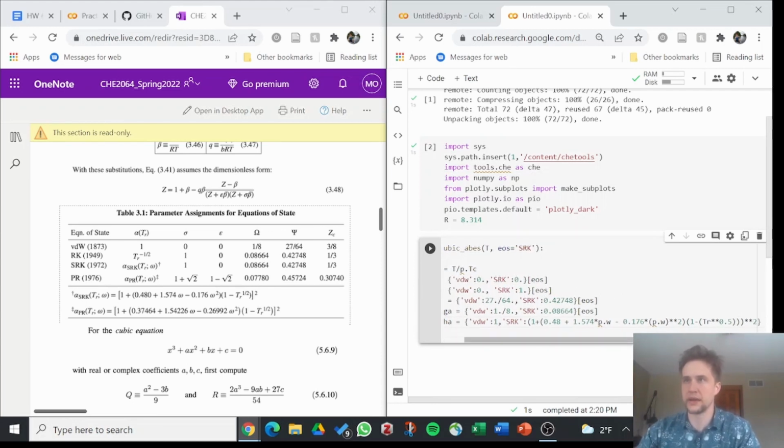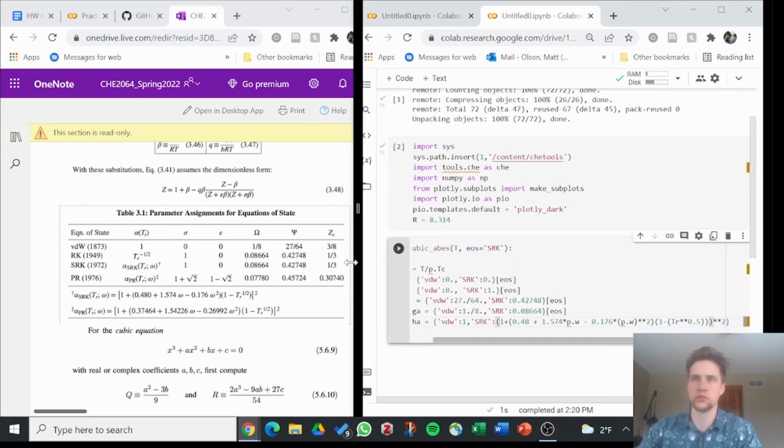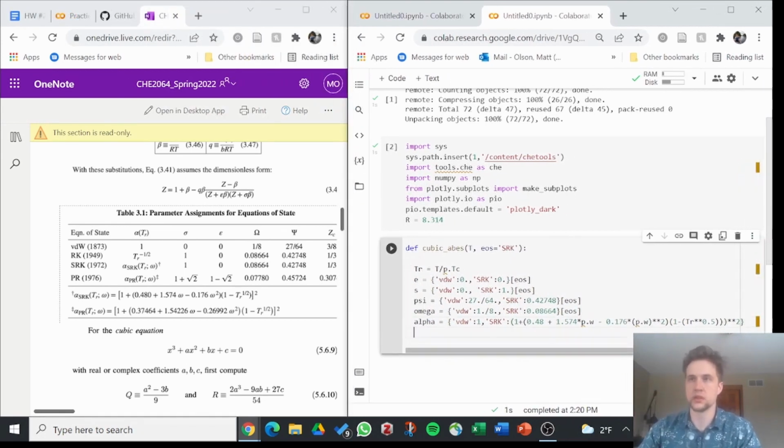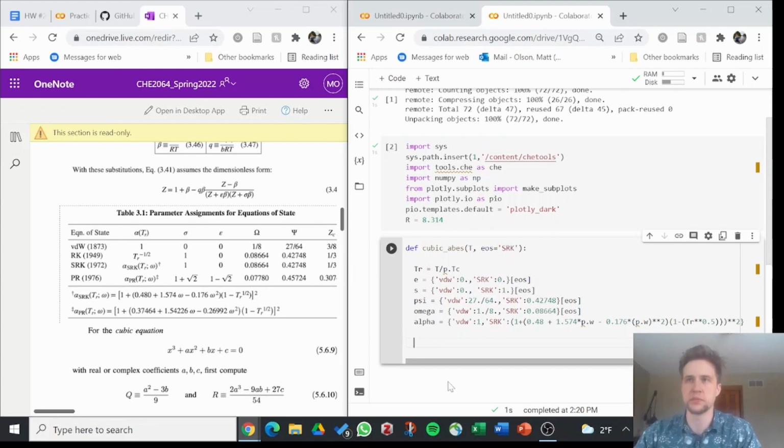Okay, to the 1/2, and that closes out that parentheses, closing out that one. So I believe we've got our bases covered. Let's bring this over a little bit, we ran out of space. Now, what do we have? We've defined our epsilon, sigma, psi, omega and alpha.